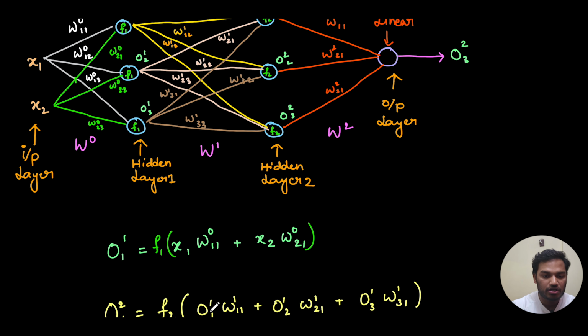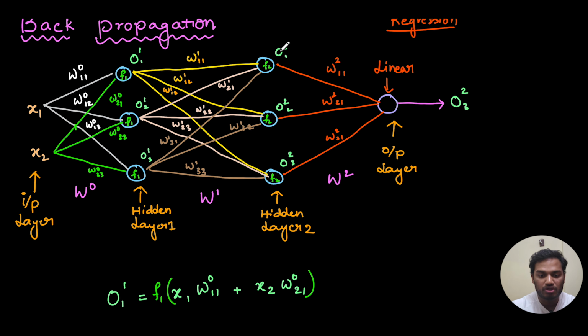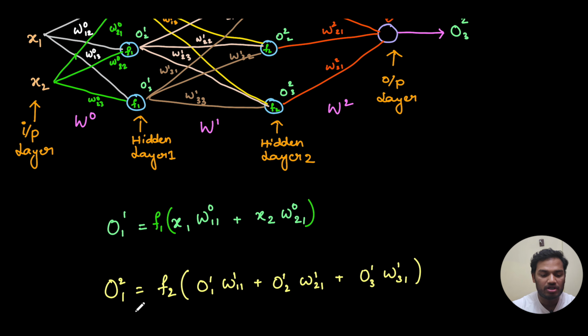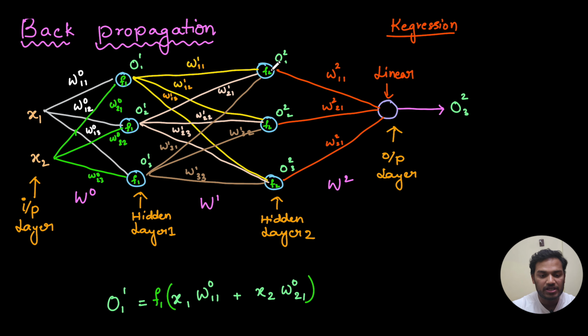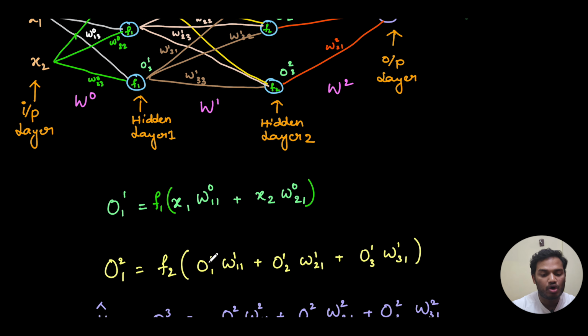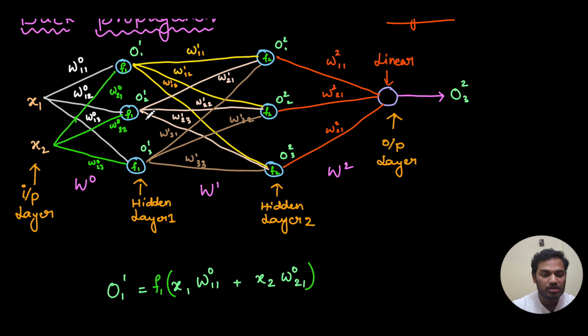And similarly, let's see how O21 will look. In a similar fashion, O22 and O23 will look the same. Okay, so let's try to understand this. In case of O21, the activation function, let's say we are using F2 of O11. What is O11? O11 is this particular output. So this output will be given as input to the next layer, right?